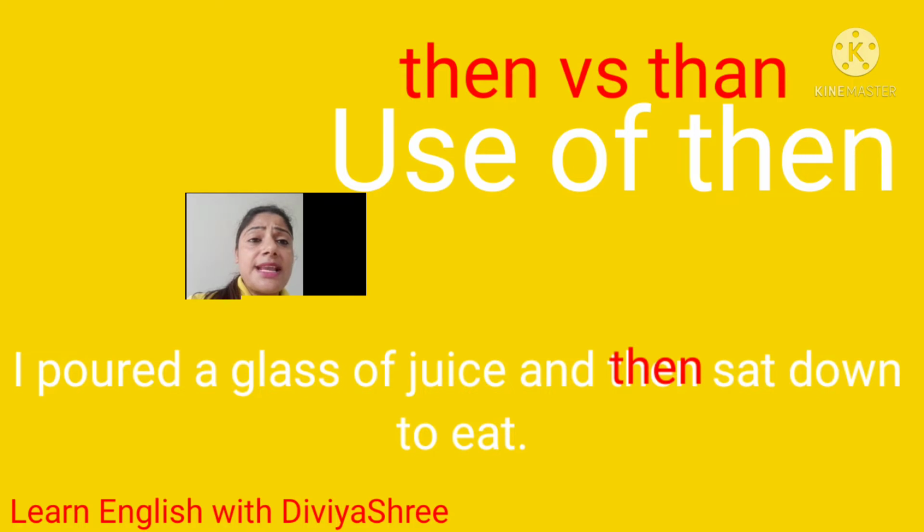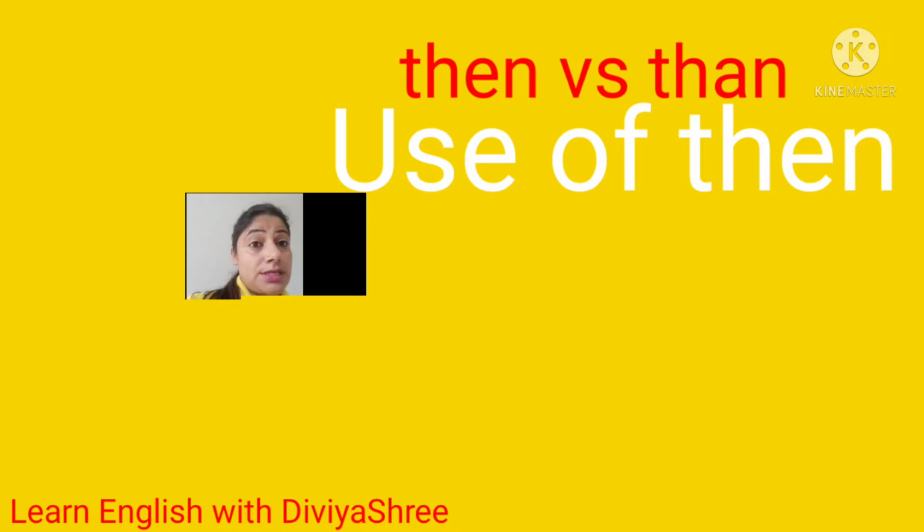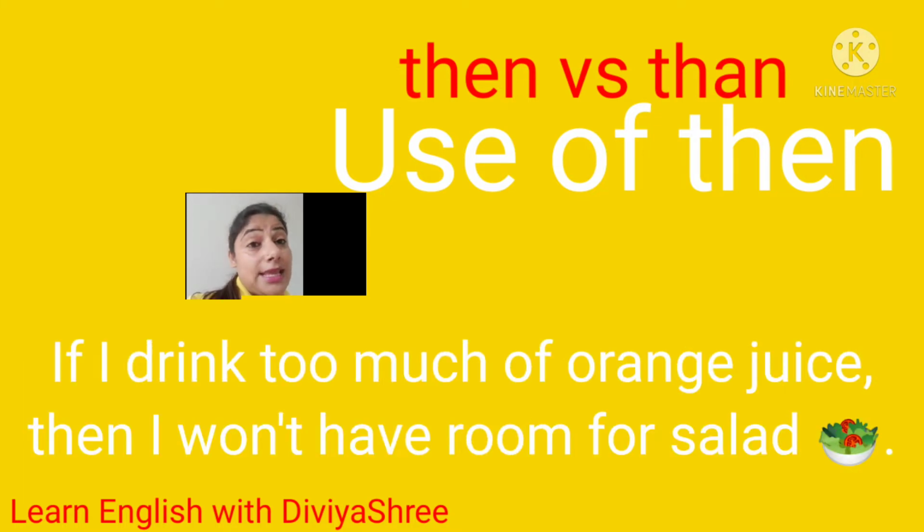You will also use THEN in constructions like this: if I drink too much orange juice, then I won't have room for salad. So here it means something which you have done first, and then it's not a comparison.